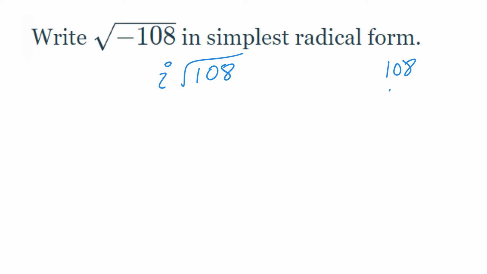But those of you that may not have one or just don't trust them yet, hopefully by the end of the year you will. 108 is 9 times 12. And if we keep breaking this down, 9 is 3 times 3.